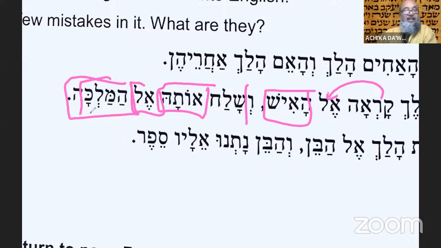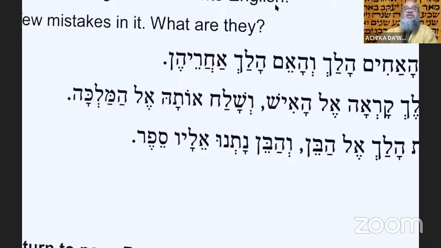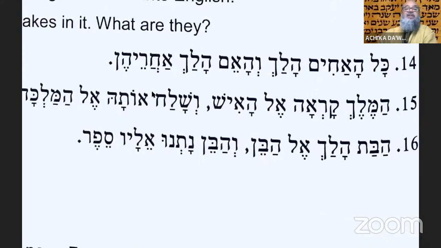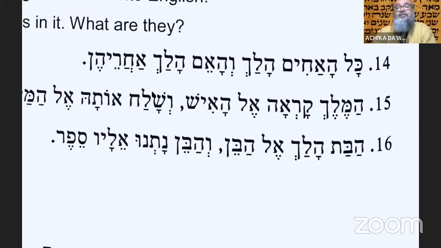You see Malek in here? That's the Malek, mem, lamed, and then the kaf right here. It's not a final kaf, it's a regular kaf. Then the ah on the end tells you that it is femininity. Good job. So, Malika. You guys are doing excellent. You're starting to look, you're paying attention. We're just learning everything.